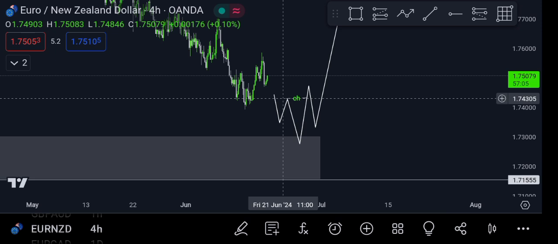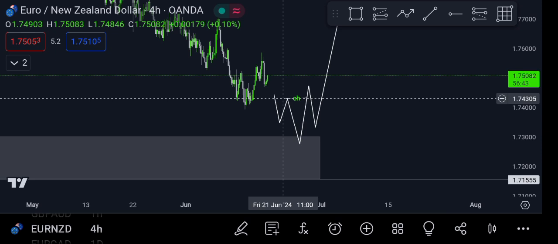If the high time frame is on an uptrend, then we need to wait for a confirmation on the lower time frame. So the lower time frame must also change trend and be on an uptrend. That's when we'll count that as our confirmation, guys.